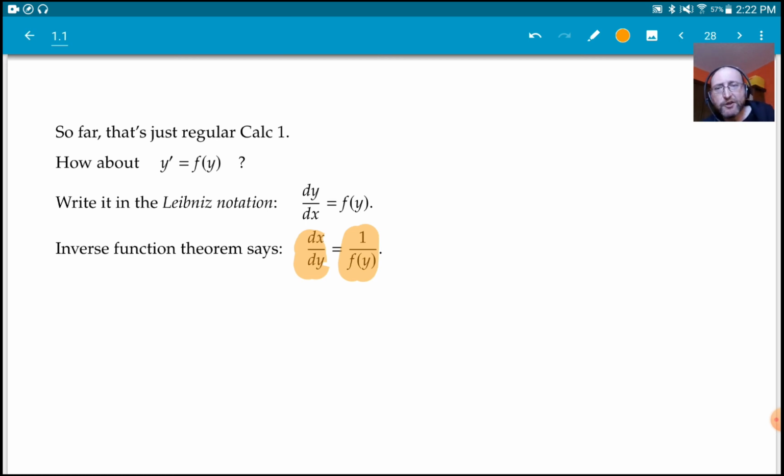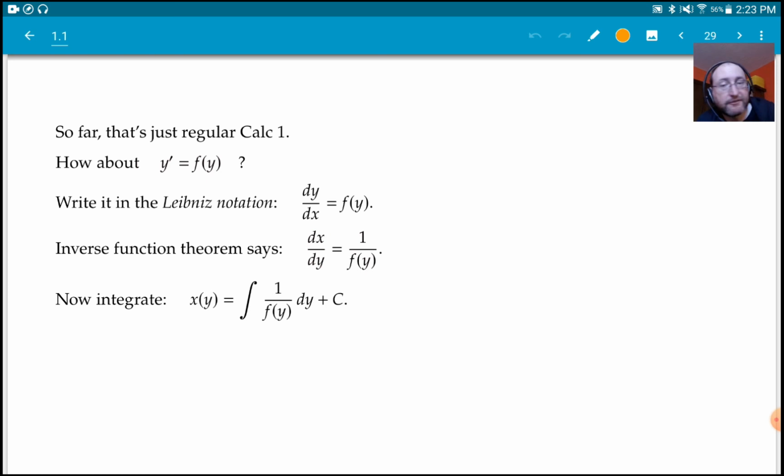So now we say, well, let's treat y as our independent variable, and let's treat x as our dependent variable, which is exactly the opposite of where we started. Over here, y was the dependent variable and x was the independent variable. But okay, so this is what the inverse function theorem tells you.